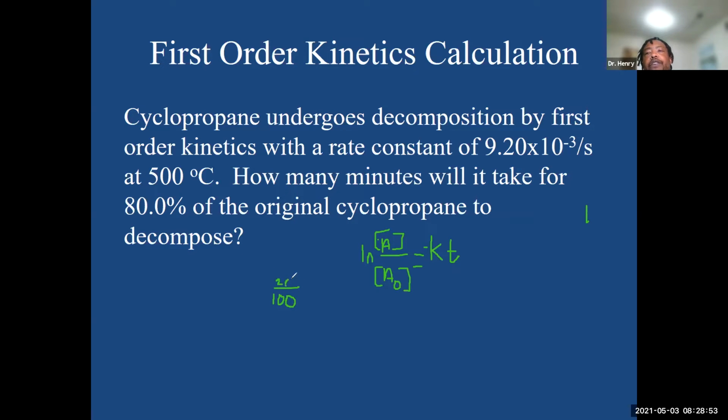So we'll have a ratio of 0.2. So ln 0.2 is going to equal negative kt, and then you just solve for t. We know what k is, so we plug in our value for k.